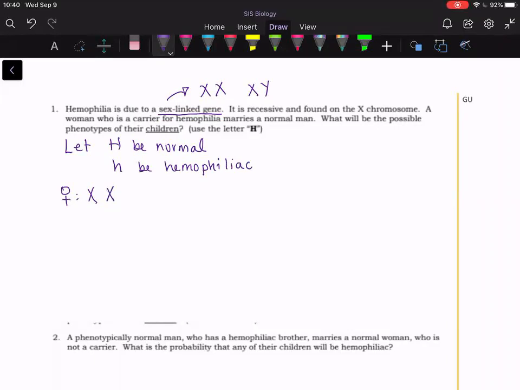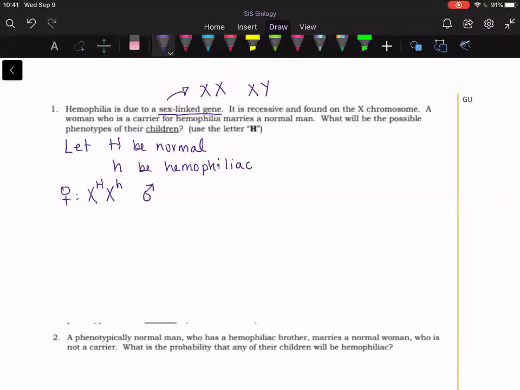a woman who is a carrier. Now, when you see carrier, it means that she does not have hemophilia. So if she does not have hemophilia, she has at least one capital H. But if she is a carrier, then she has little h. All right, so she is able to clot her blood, but she is the carrier.